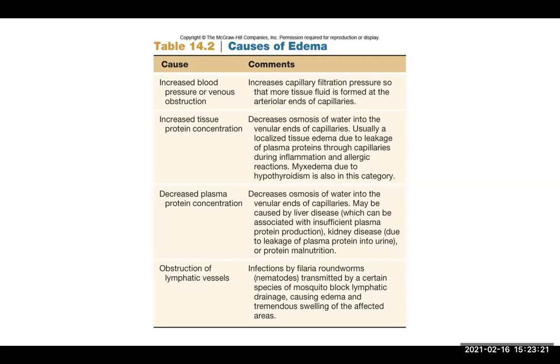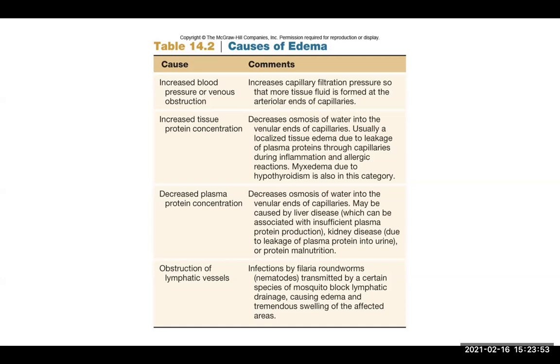This could lead to something like the right side of your heart failing. That's going to lead to congestion in the venous system and ultimately would increase your capillary pressure, which would cause greater filtration. This can happen on the left side of the heart, but if it did, it would lead to pulmonary edema. So that really just has to do with where the blood is going after the side of the heart that you're talking about flows to.